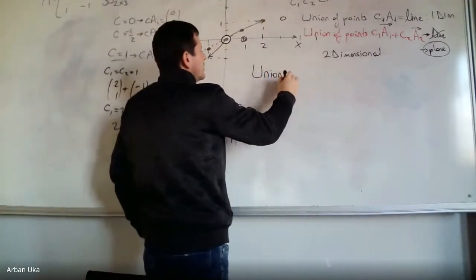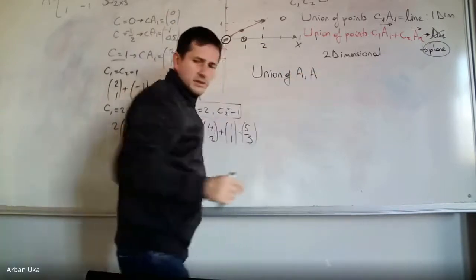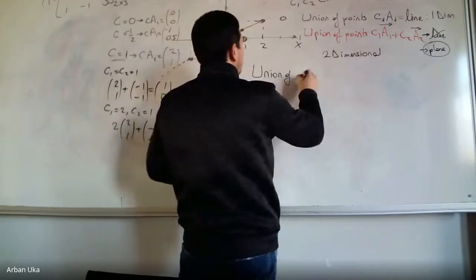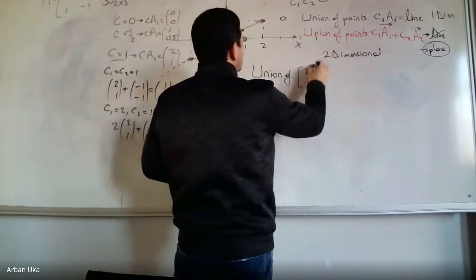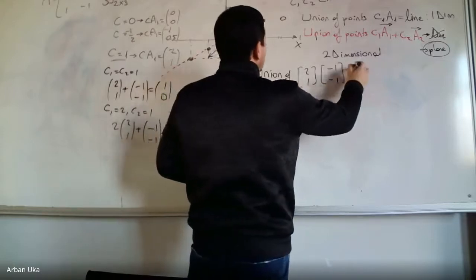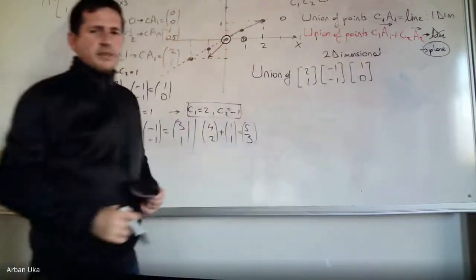What is the union of A1, or let's write them like this. A1 is 2, 1. Then we have minus 1, minus 1. And 1, 0. So here we have 3 vectors.